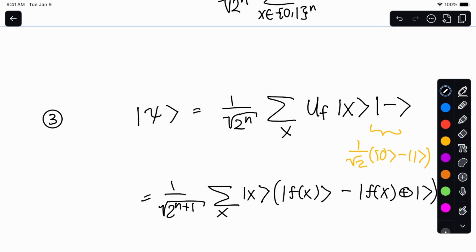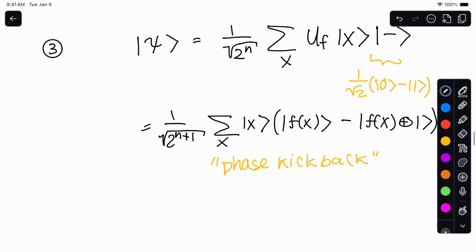So now we want to figure out a better way to express this. And what we're going to do is actually called a phase kickback. And what that means is right now we have this expressed with the f of x as part of the qubit y, but we can equivalently re-express this with the phase in front of the x part of the system, the x register.